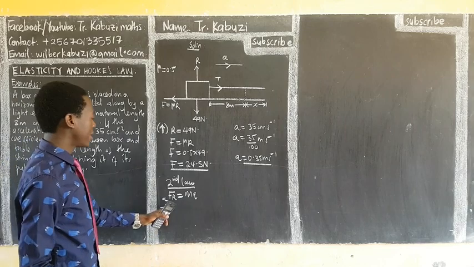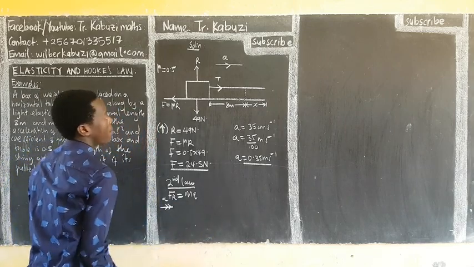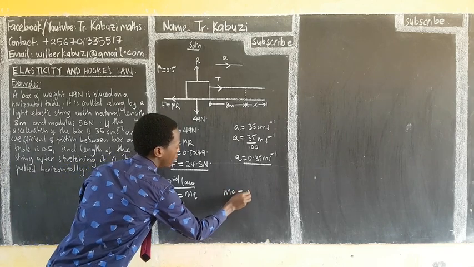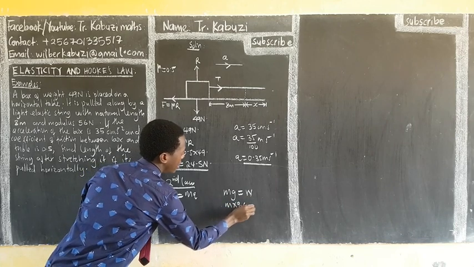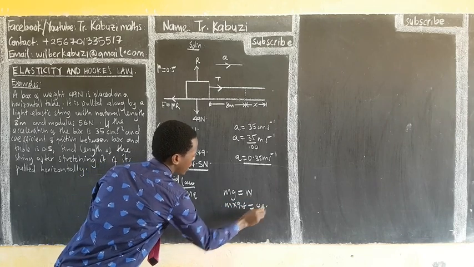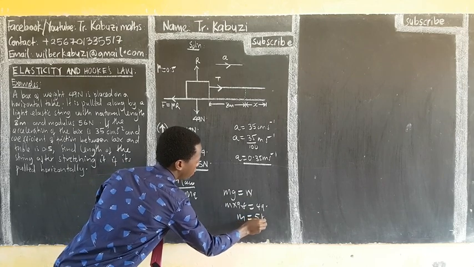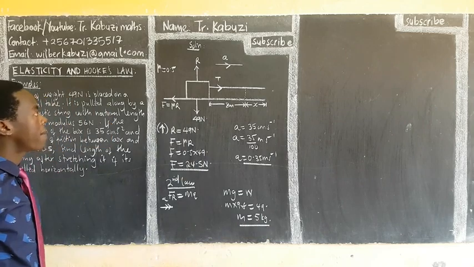I think you can see we need also the mass. So our mass times g is equal to the weight. So mass M times 9.8 is going to be equal to our weight, which is 49. If you divide that side, our mass is going to be 5 kilograms. So we have the mass.